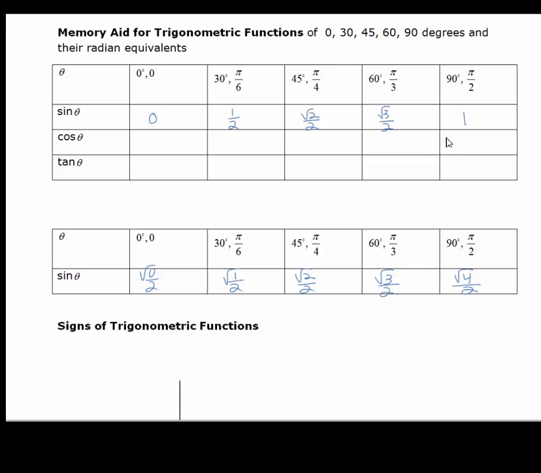So now, using the idea of cofunction identities, the cosine of 0, 30, 45, 60, and 90, to find these we just reverse the order, because the sine of 90 degrees is the same thing as the cosine of 0. So we literally are just going to reverse the order of the first row.